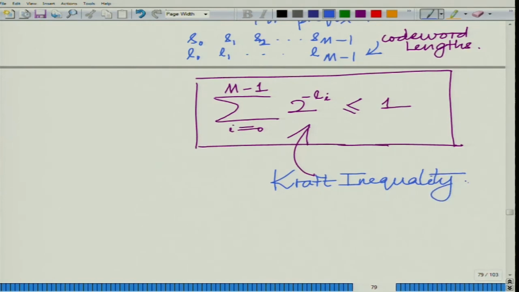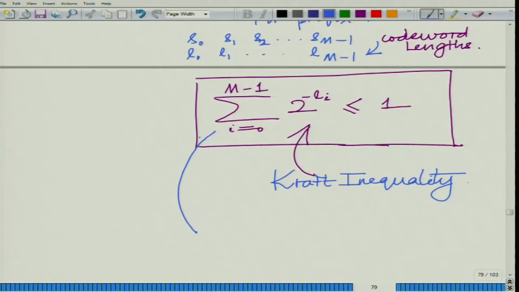Now interestingly the converse can also be shown to be true, and it naturally follows if you look at the proof that if there are lengths L0, L1, up to Lm minus 1 which satisfy this Kraft inequality, then there exists a prefix free code for this alphabet with the given code word lengths. So let us note that also.